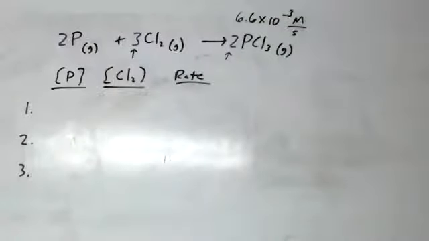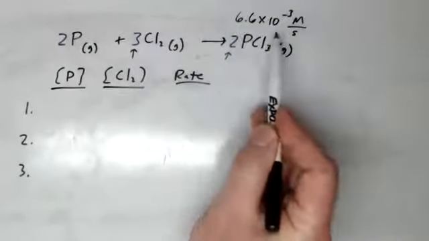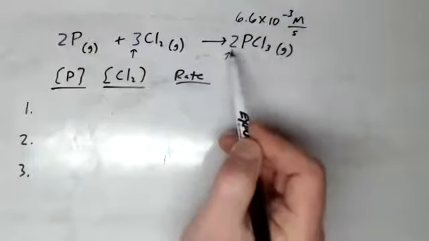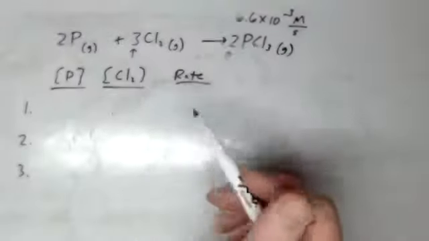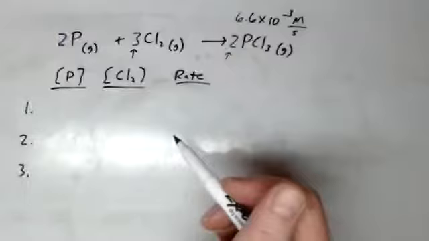Who can tell me? All right, give up. So if our PCl3 is forming at this rate, we see there is a 2 to 3 relationship stoichiometry-wise between the coefficients of these two materials.